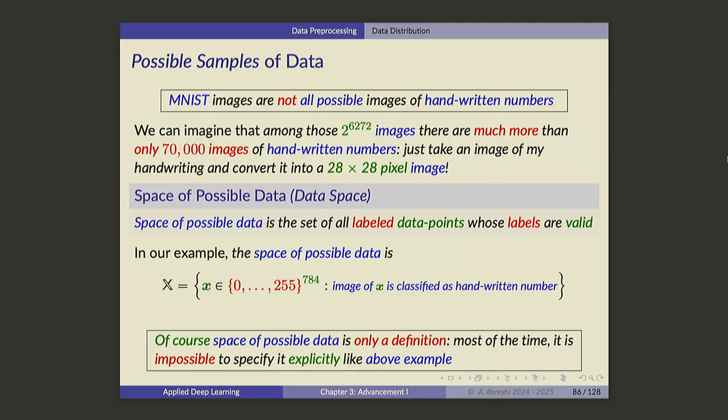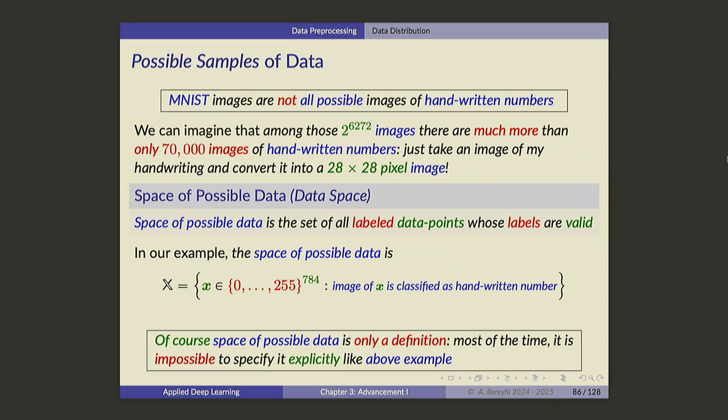Yes, it should be correct. But we are going to get rid of that as well, because this is not a very solid definition. This is why we define the data distribution, because this is still not good enough.